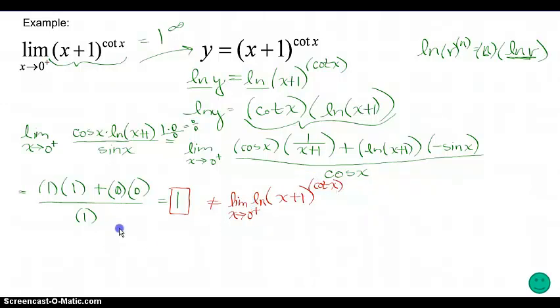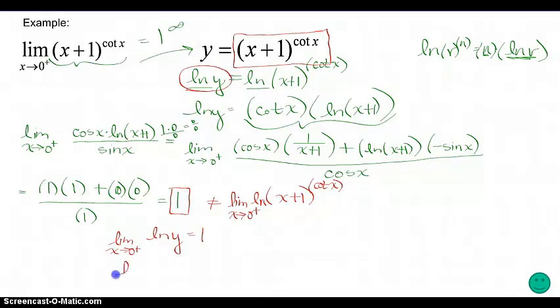So what I need to do is realize I am taking the limit as x approaches 0 from the right of the natural log of that function y, and I found that to be 1. But I want the limit of y, not the natural log of y. So how do I get back to just y? How do I undo the natural log operation?